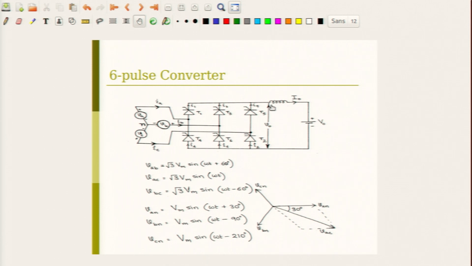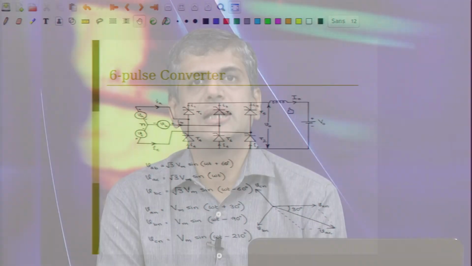This inductor is assumed to be very large, and as I mentioned some time ago, it smoothens out the current. The current remains continuous despite the switchings, using the property of an inductor that it attenuates fast changes in the current.